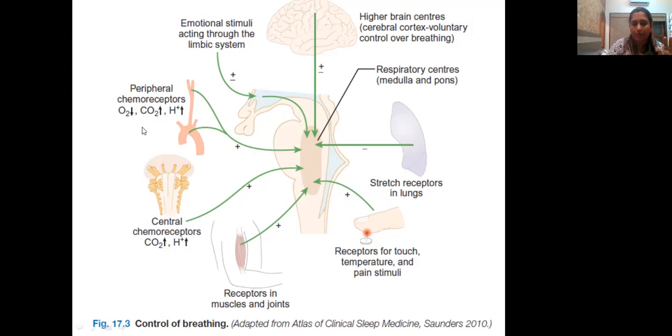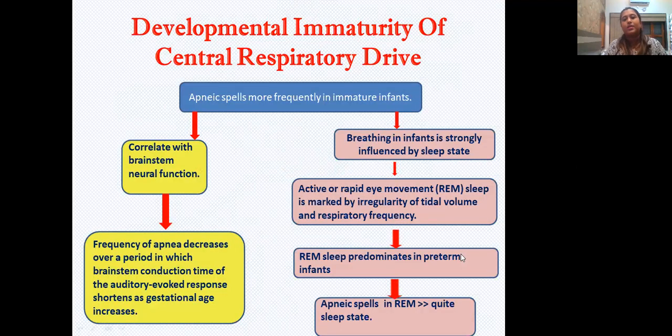Okay, so we have to mainly remember this sensitivity to carbon dioxide and H+, that is to hypercarbia and acidosis.